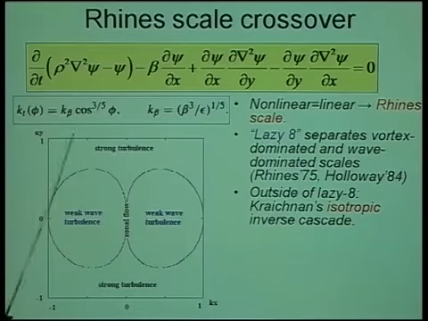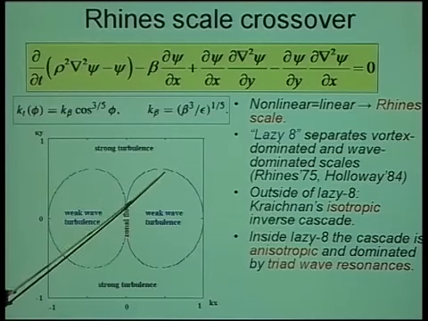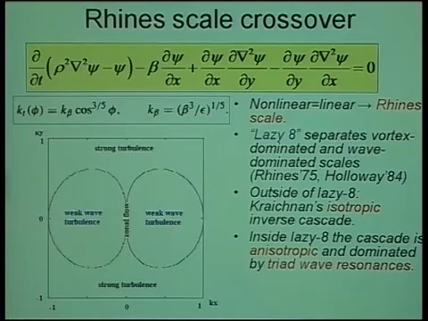So outside of that we have strong turbulence, and weak turbulence will be inside of that. If you wish to put it in familiar language, it is critical balance: the linear term balances the nonlinear one at these particular wave numbers.